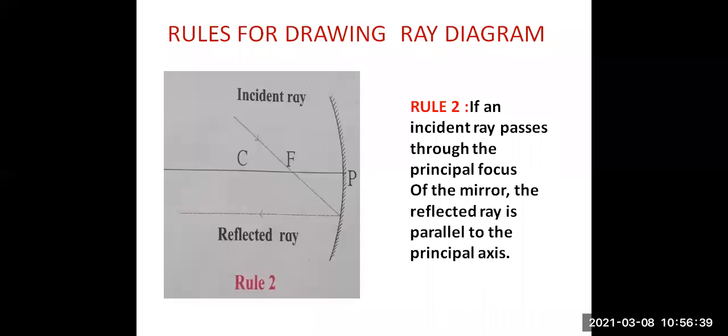And you can see the property of the reflected ray, that the reflected ray is parallel to the principal axis. What is the principal axis? A straight line passing through the center of curvature and the pole is called the principal axis. Rule 1 and rule 2 are vice versa of each other.